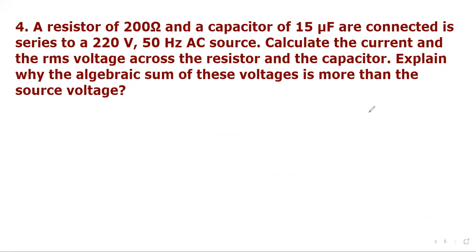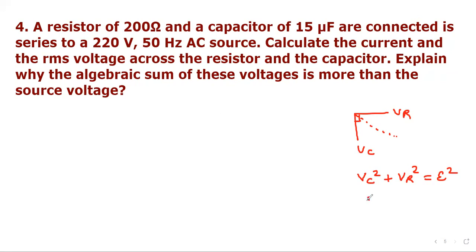So as I told you, if voltage across resistor is VR, then voltage across capacitance is VC. They are at 90 degree, and source voltage will be the resultant of the two. So we can say VC square plus VR square will be equal to E square. So clearly, let's take some example.